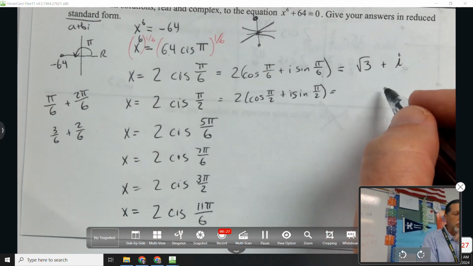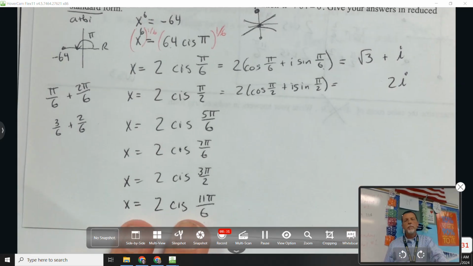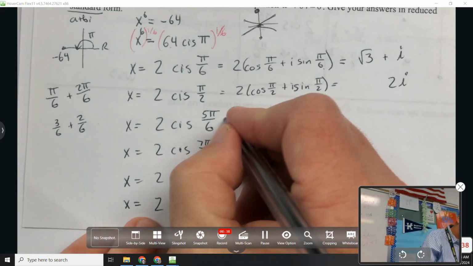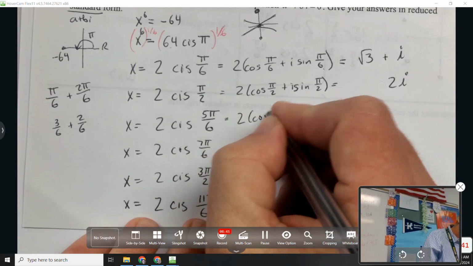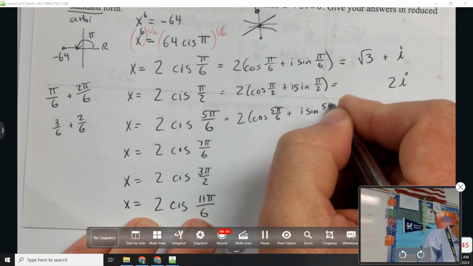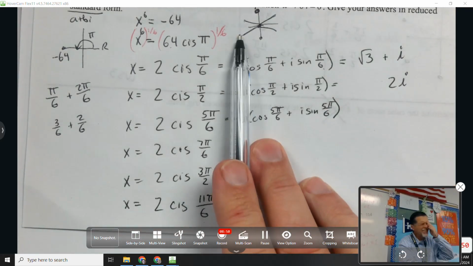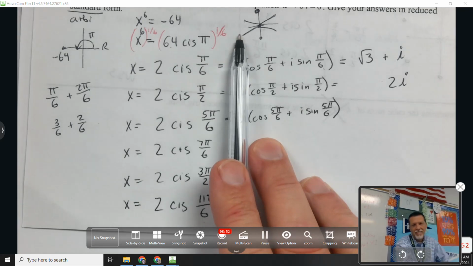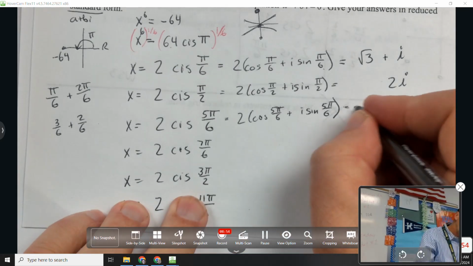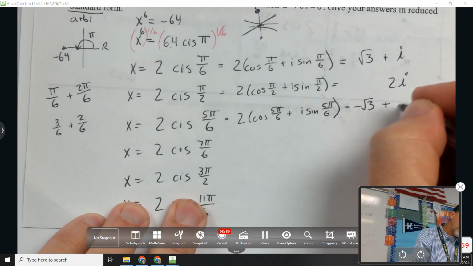Sine of pi over 2 is 1, so that's 2i. And I wrote it over there so that all my i numbers will be lined up and all my real parts will be lined up. Cosine 5 pi over 6 is on the left, so that's negative root 3 over 2, so negative root 3. Sine's still positive, so plus i.